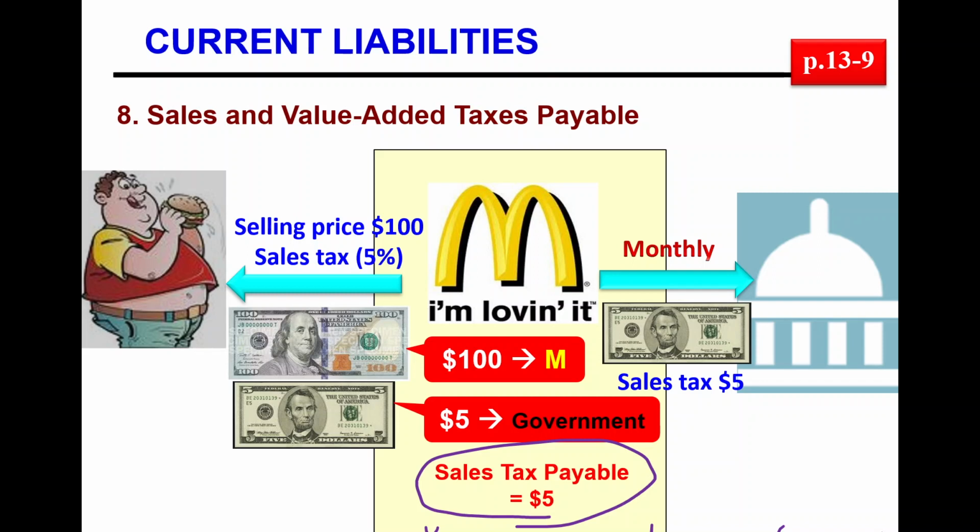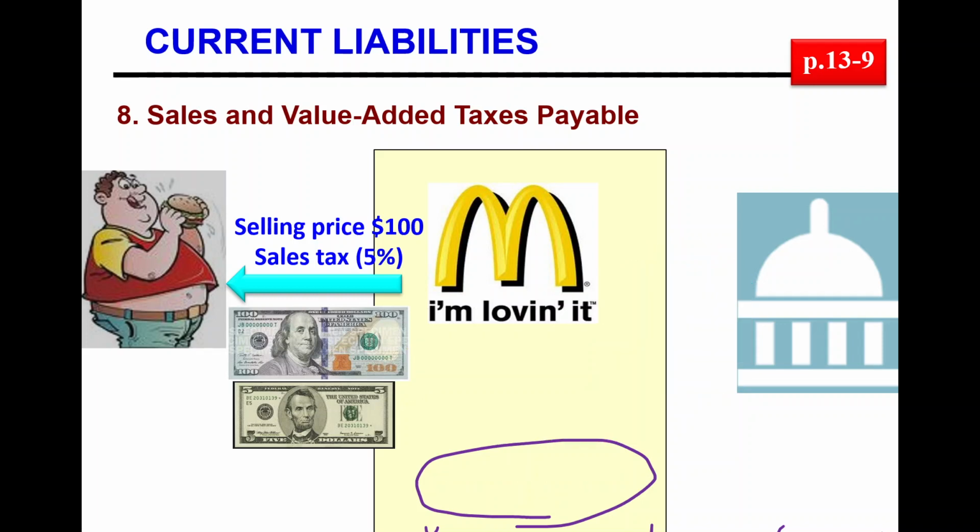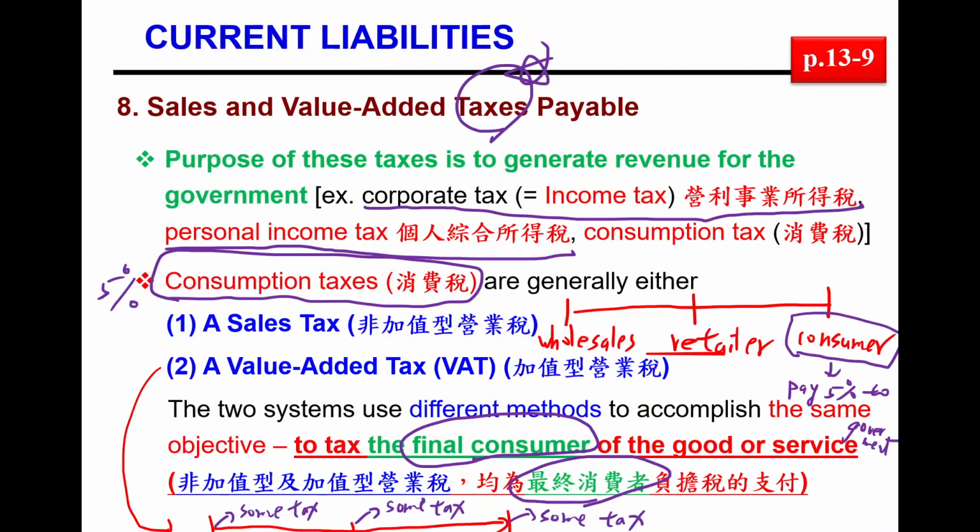So we use sales tax payable when you use this method, where the government has to wait until the last moment to get the $5. But in most cases, companies have to use the other way, where you pay some tax to the government at each step.